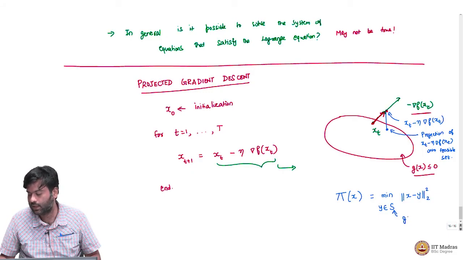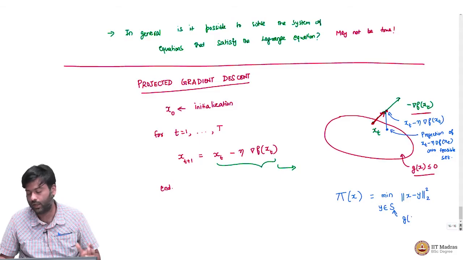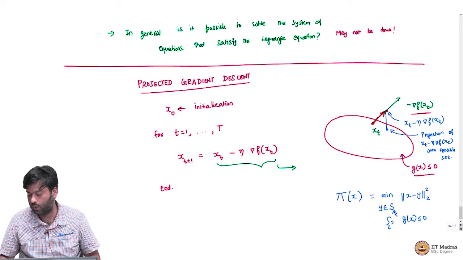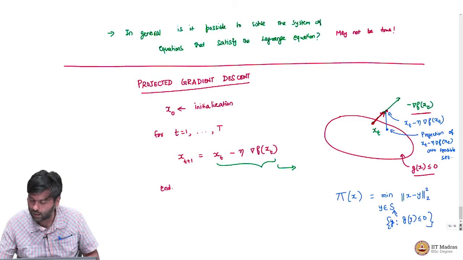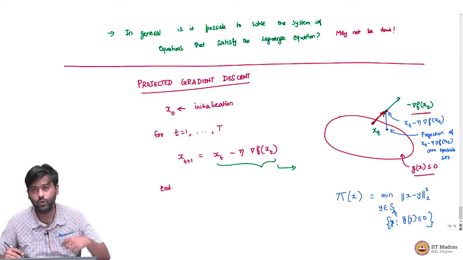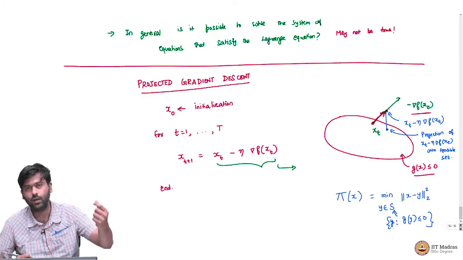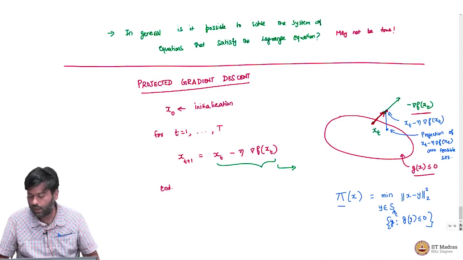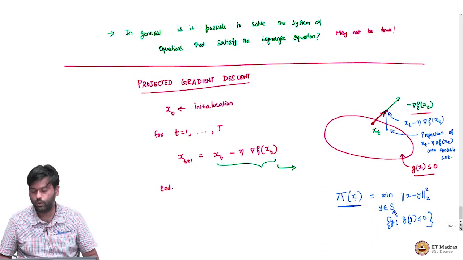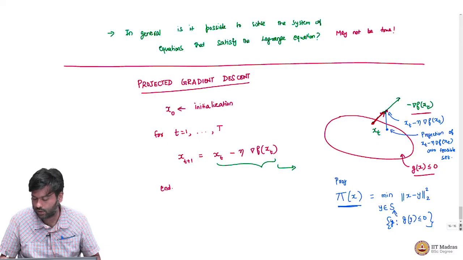We will say the set S is simply our constraint set, the set of all y such that g of y is less than or equal to 0. Basically, from the red point, which ends up outside the feasible set, you find the closest point in the feasible set and move to that point. The operator that does that is what we call a projection operator.